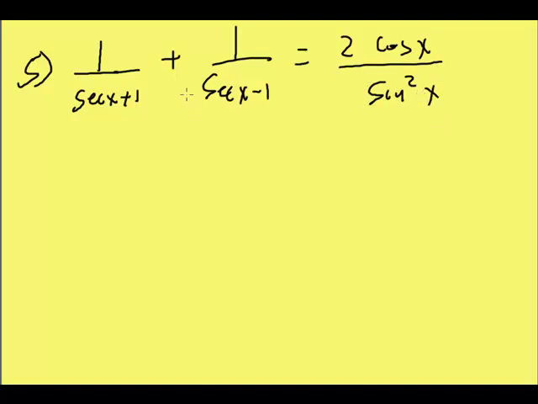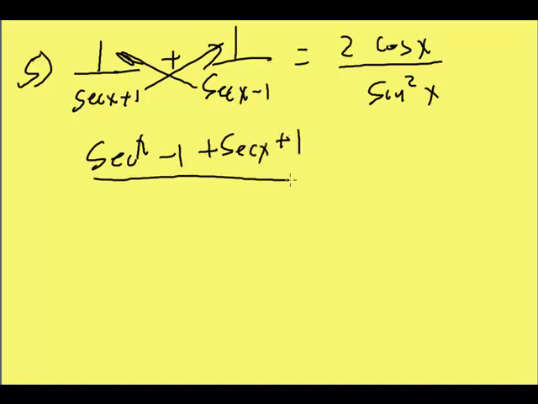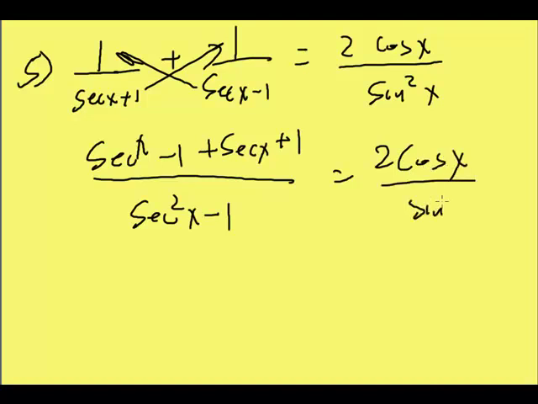I'm going to use the ancient Indian secret. Multiply across, so I get secant of x minus 1 plus secant of x plus 1, all that over secant squared of x minus 1, is equal to 2 cosine x over sine squared x. The 1 and negative 1 are going to cancel out.